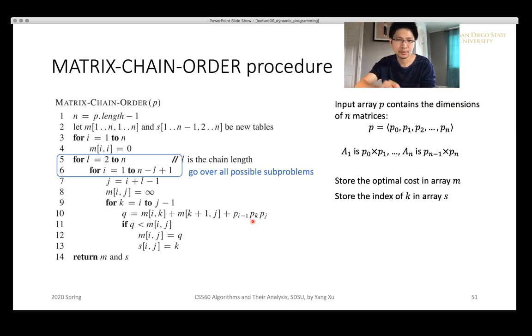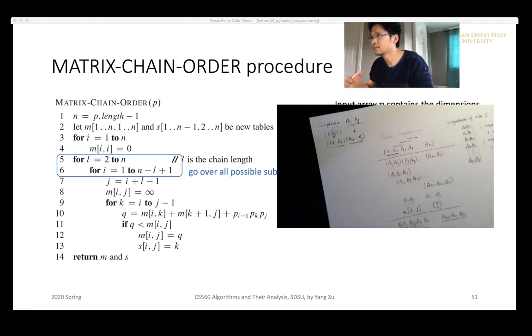this is a typical way of dynamic programming. So we look up the solution of solving the first part of the subproblem, which ranges from I to K. And we also look up the solution of the second one.